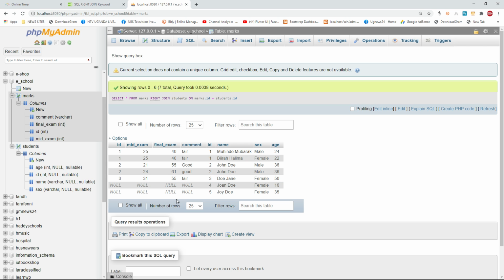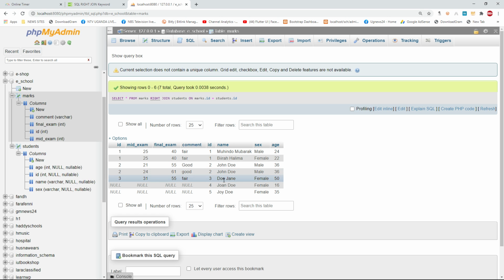I mean, the values that are missing, it has brought all the values. Okay, I can explain this. It has brought all the values from the right hand side, but those values which are not having marks. For example, we have students, but there might be students who did not do any exam.